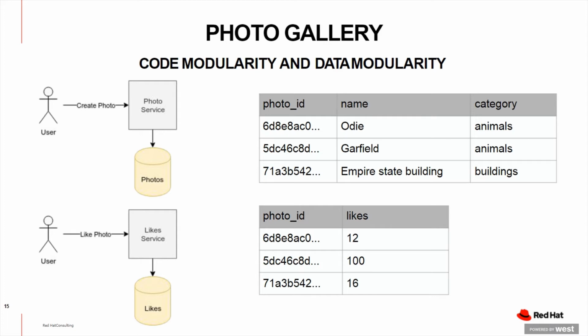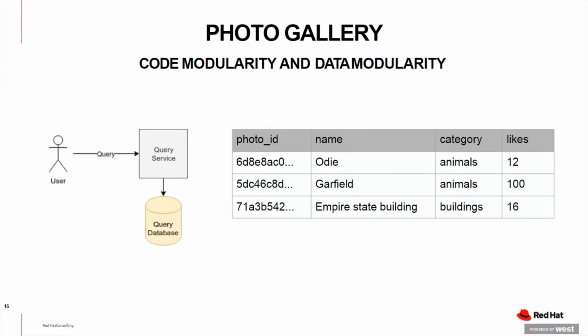The like service has the simplest schema where for a given photo, which is identified by the photo ID, it's just keeping the count of the likes the photo obtained so far. And the query service is listening for the messages and building its own database in order to be able to show the most popular photos in the categories.